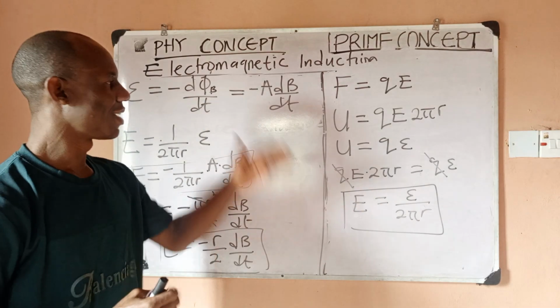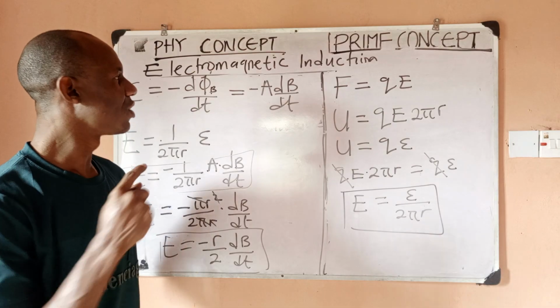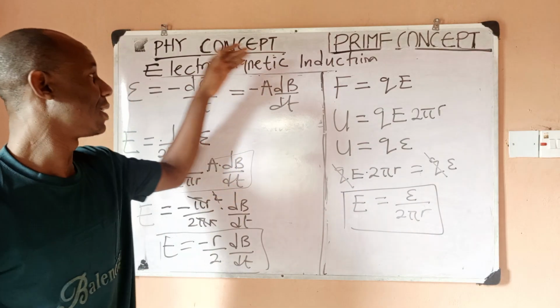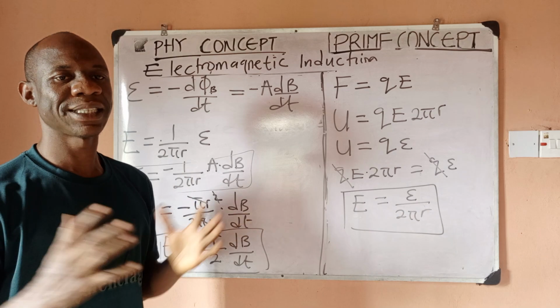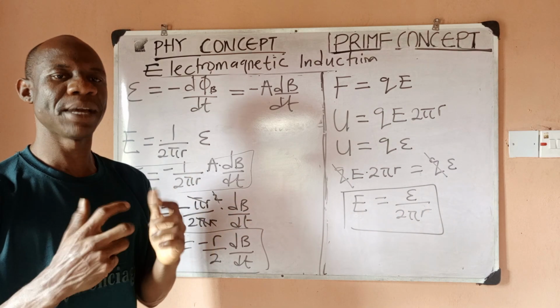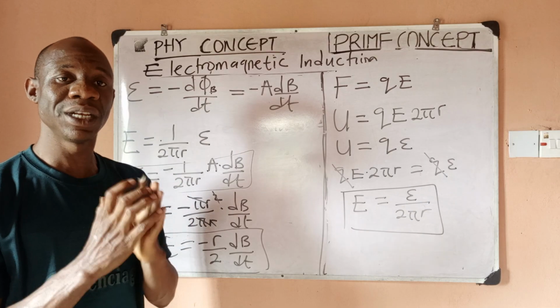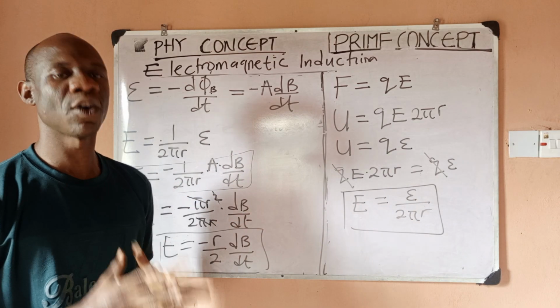So at this point, I'm going to end the video. Just a quick recap. We introduced this video by explaining the concept of electromagnetic induction. We said that electromagnetic induction is a phenomenon where EMF is induced whenever there is a relative motion between a magnetic field and a conductor.